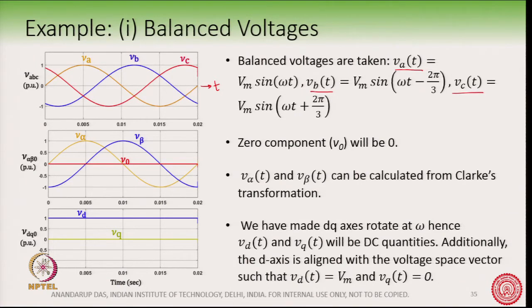Now, since the sum of these 3 voltages, V A, V B, V C, as shown here, is equal to 0, it automatically implies that V 0 of t will be equal to 0, because V 0 of t is by definition 1/3 of V A t plus V B t plus V C t.